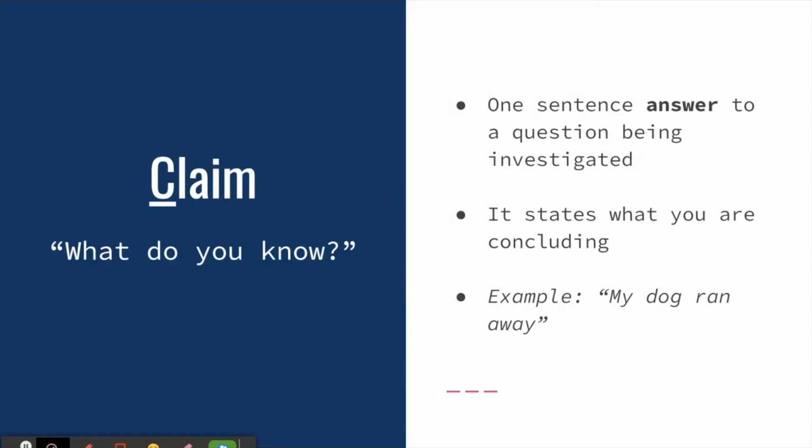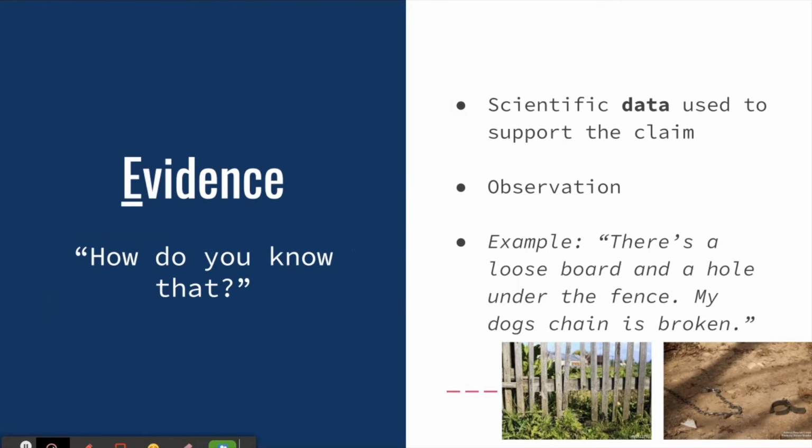So the claim, again, is a one-sentence answer to the question being investigated. If you find yourself writing more than one sentence, it might be because you're accidentally putting the next section in there. This is the evidence section, the E of CER. This is how we know the things we know. It is the scientific data that you collect during an activity.